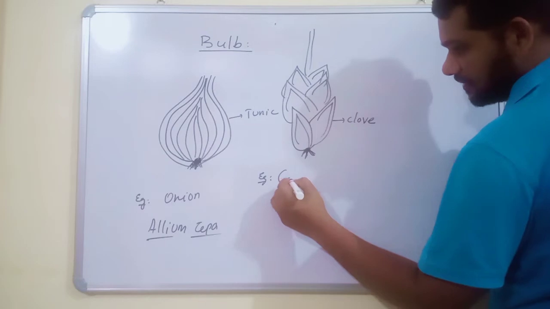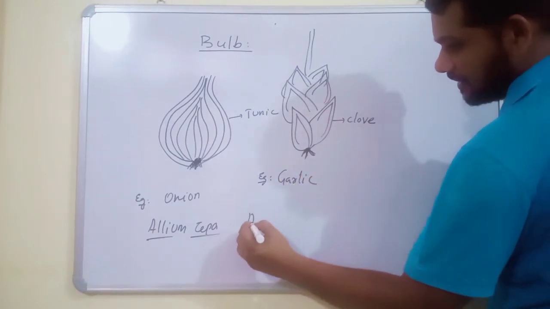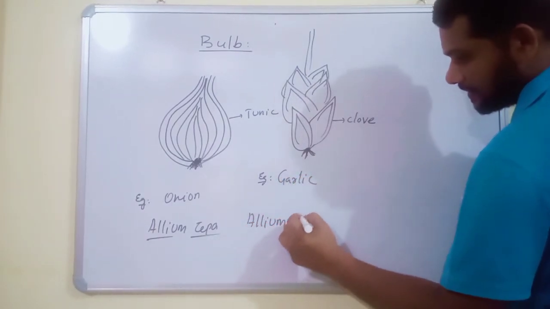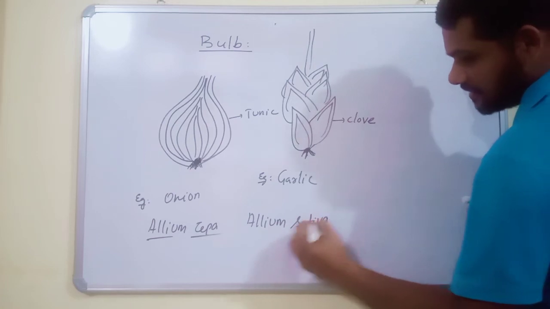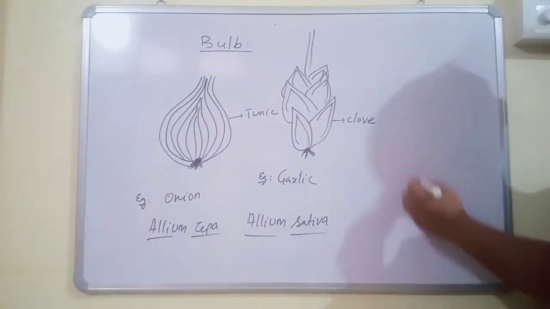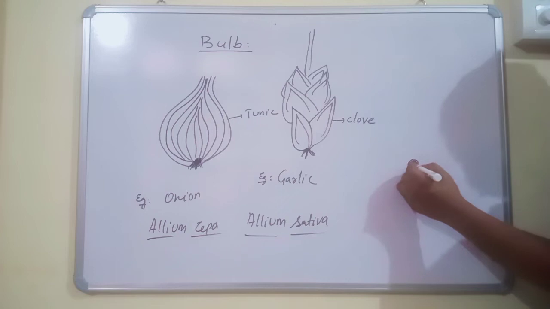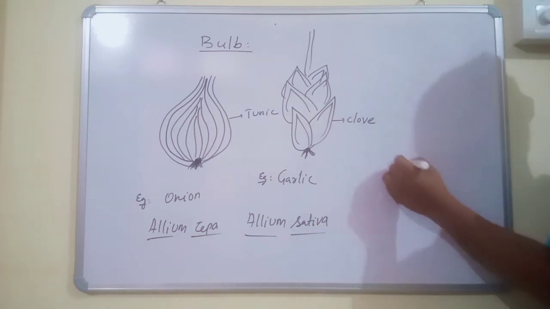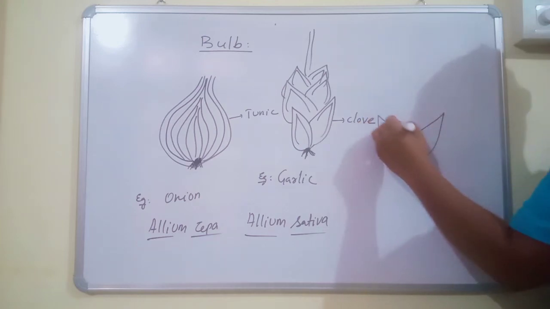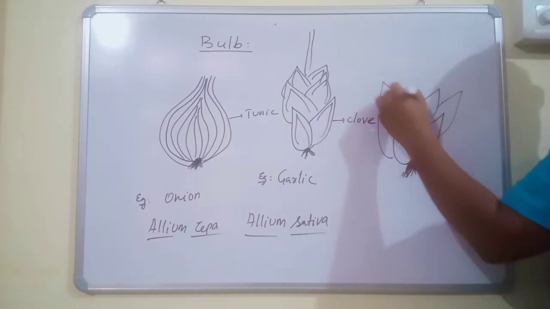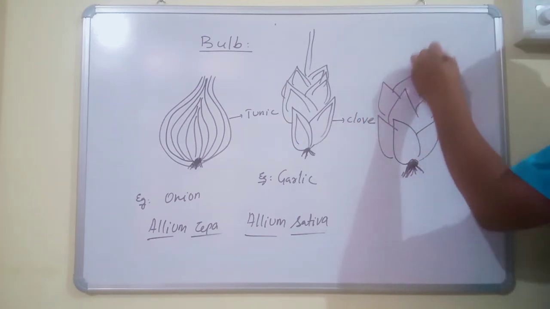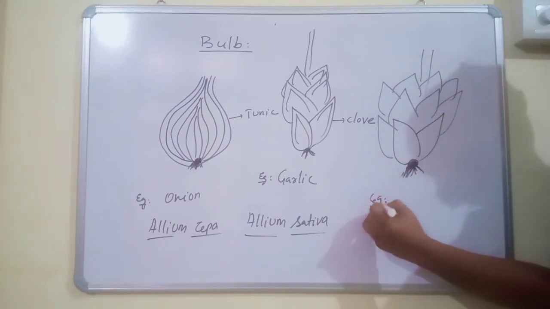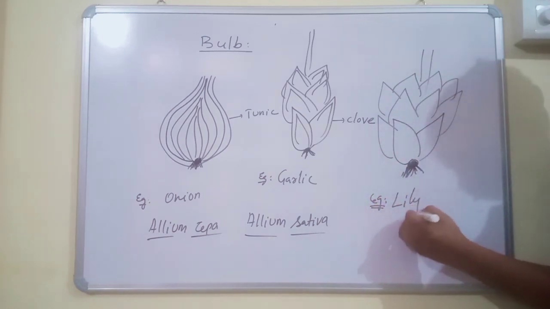Example, garlic. The scientific name of garlic is Allium sativum. And one more example is lily. In lily, the tunic is absent. Only fleshy scale leaves are present, and this type of bulb is present in case of lily.